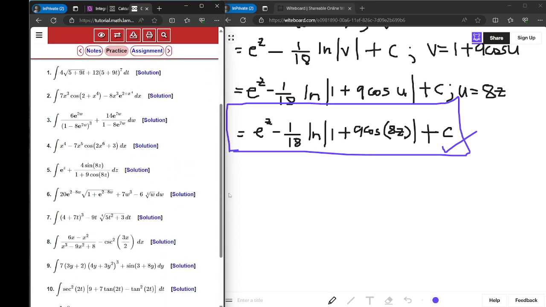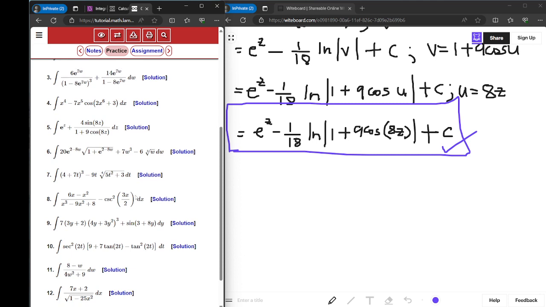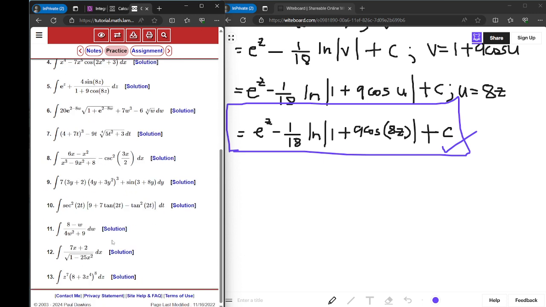We're done with number 5. So let's pick some items. I have here trigonometric functions. Which will we try? Let's have number 10.